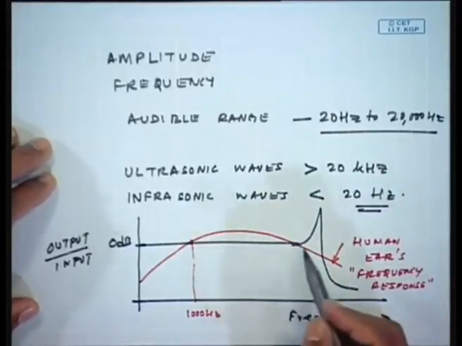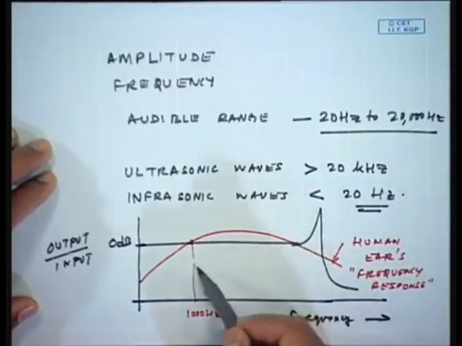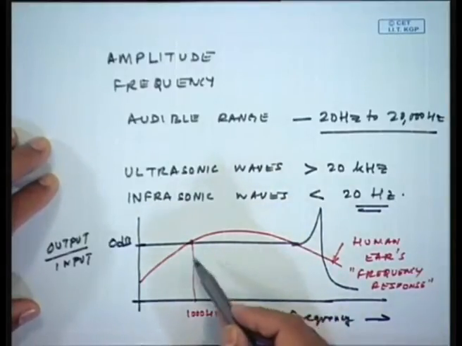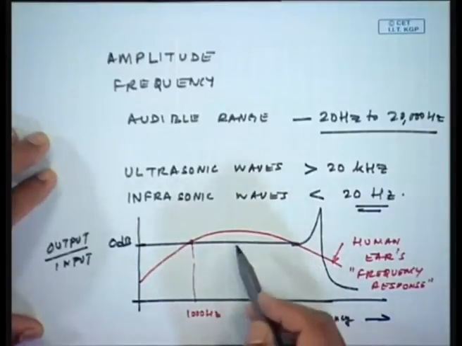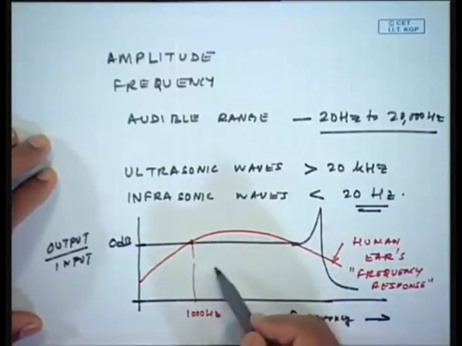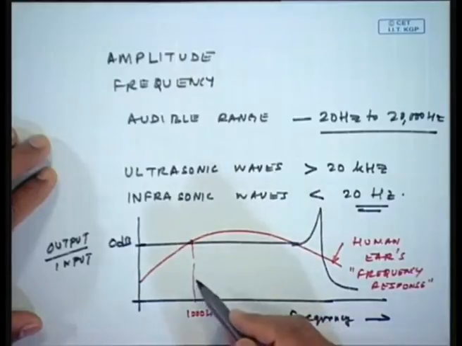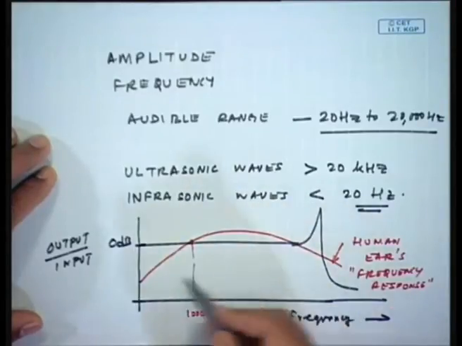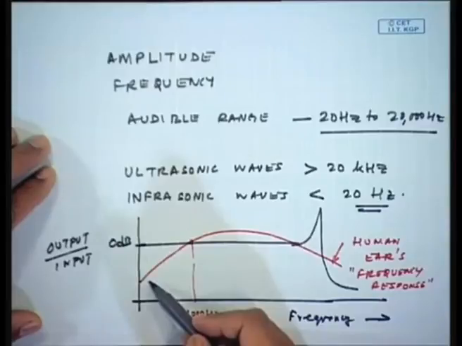Now, you may be wondering how I generated such a waveform. Well, these are from the early 1900s. People did experiments with human subjects, and this is what they found: that the human ear responds like this. So, we hear poorer at low frequencies and so on.